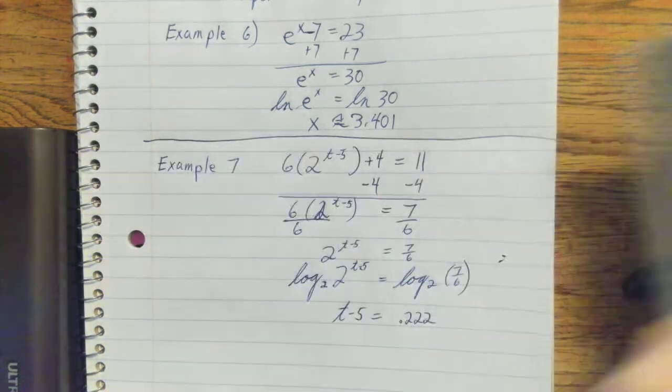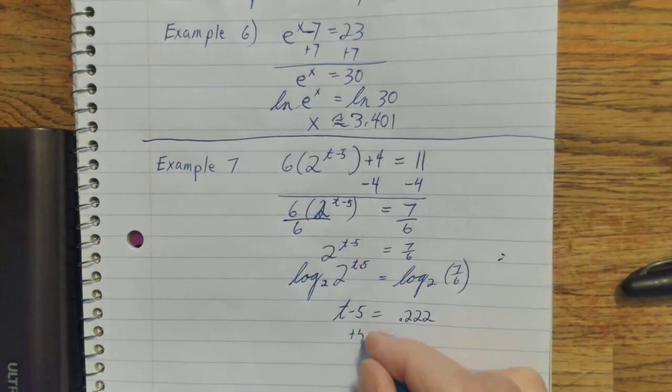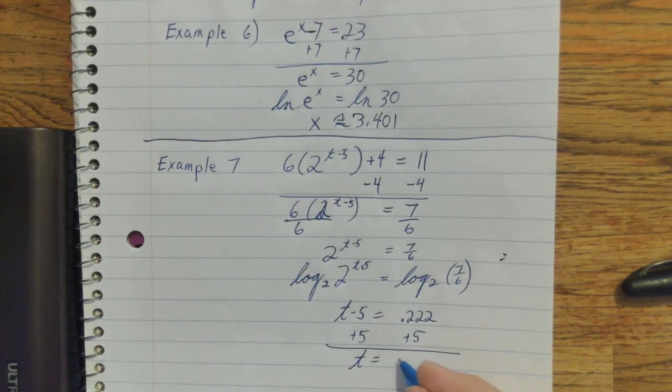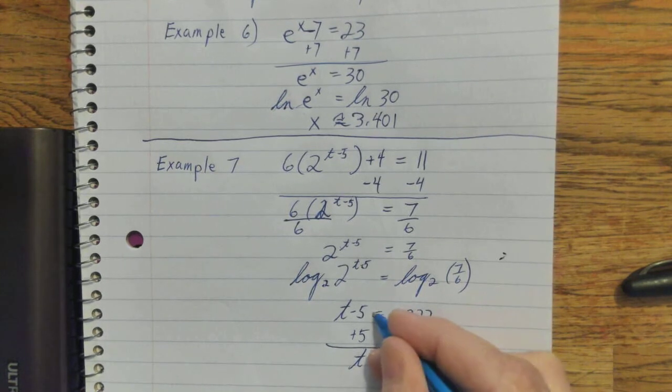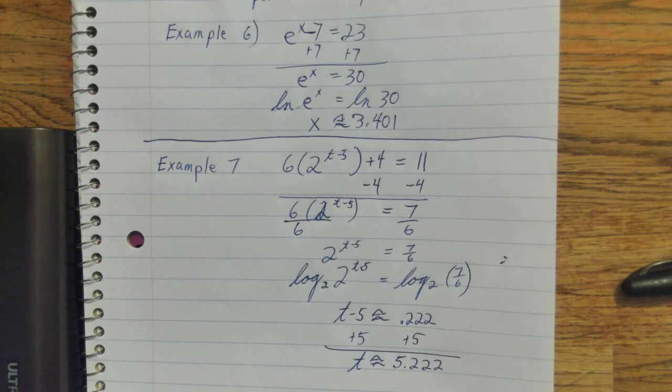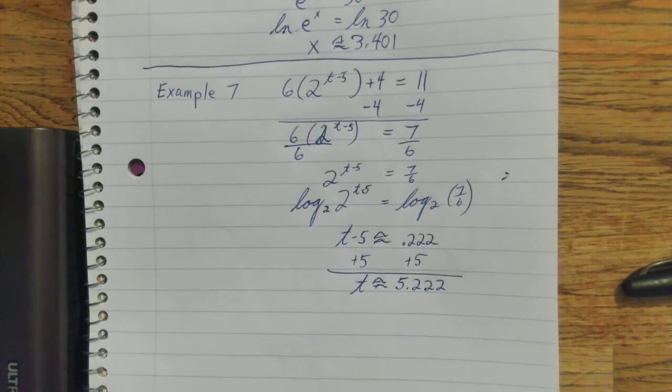Everything I do is going to be to the nearest thousandth, and I'm going to add 5 to both sides, and t is approximately 5.222.